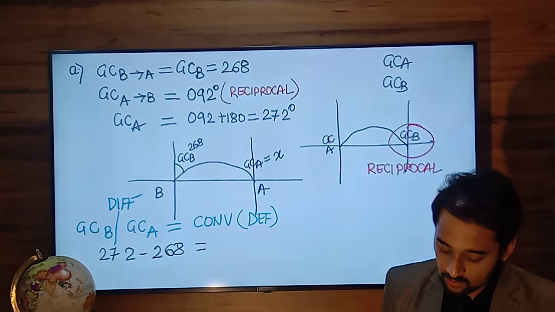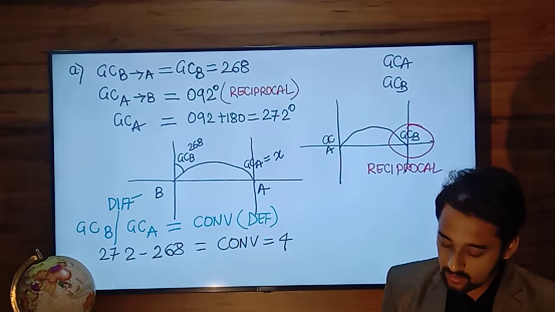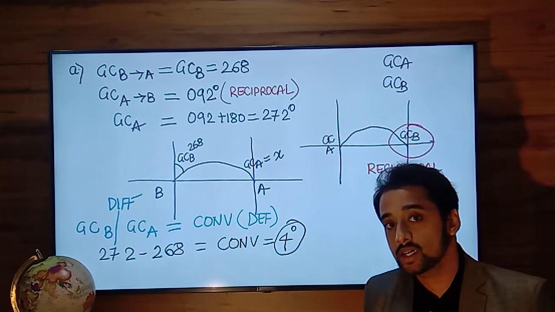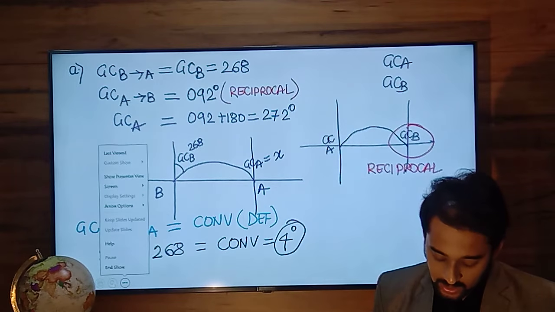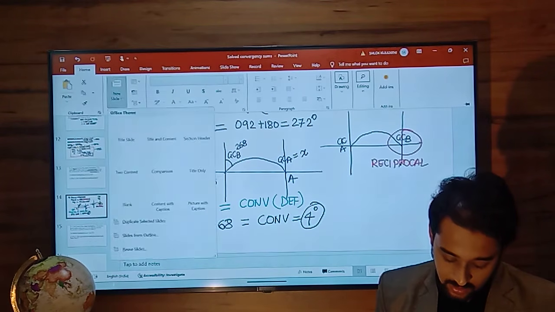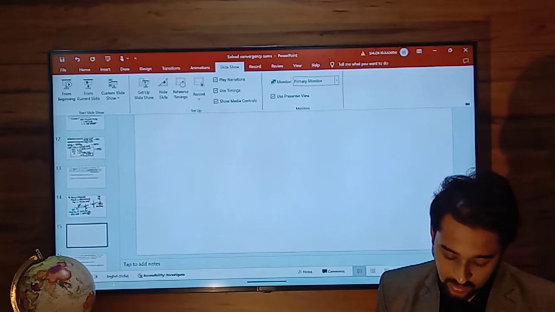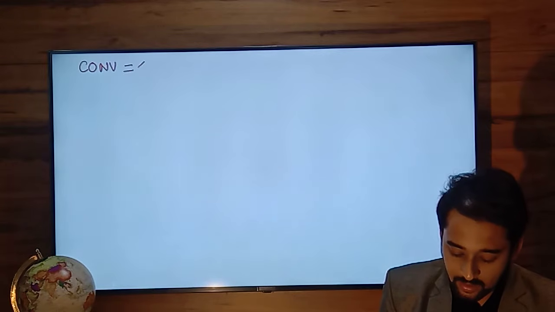So convergency is 4 degree. Convergency is 4 degree. Okay. Now let's take a new slide. Convergency is 4 degree. Convergency angle will be 2 degree.